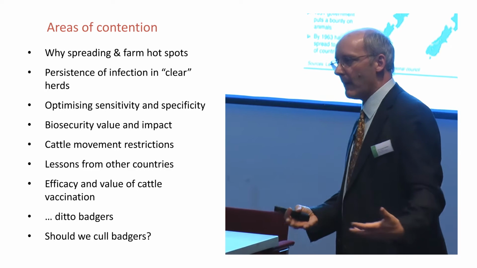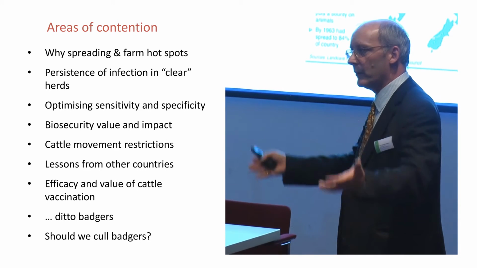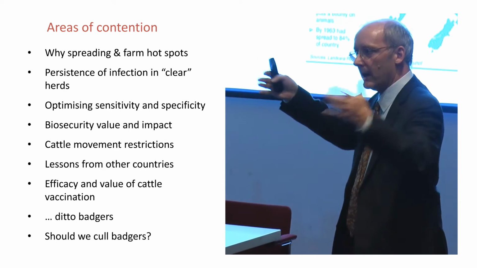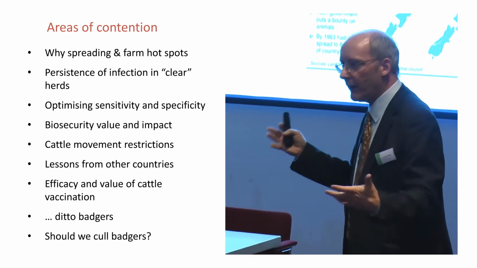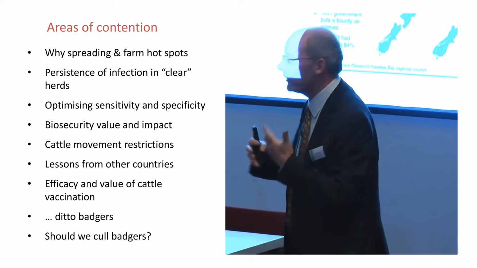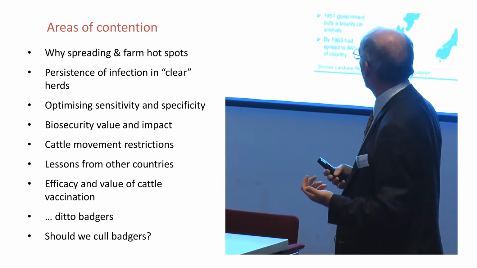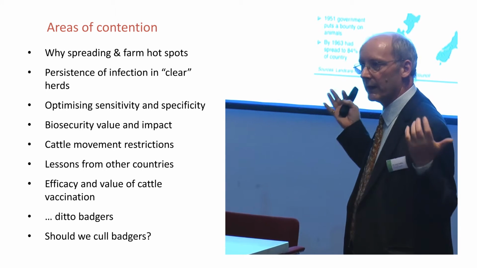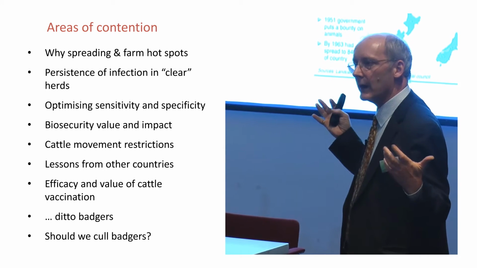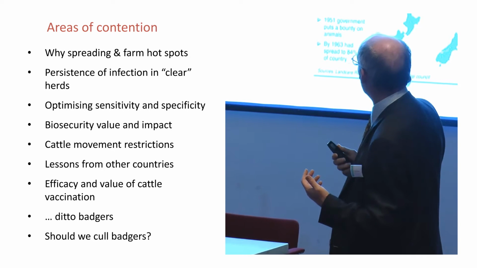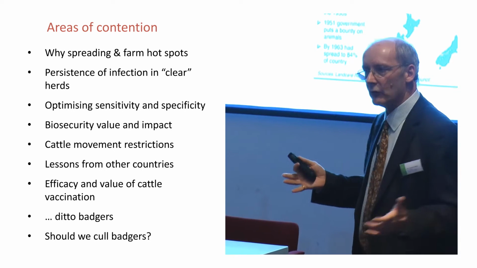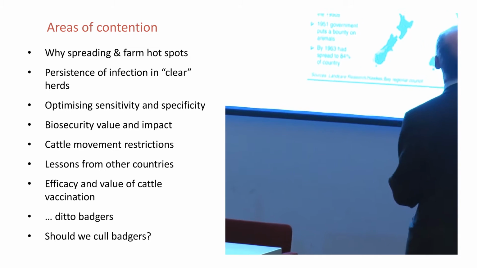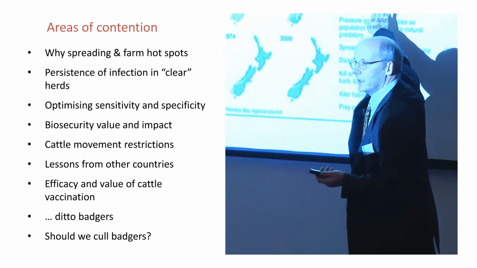We believe that biosecurity works, such as putting cattle troughs high enough that badgers can't feed from them, but we don't actually have any evidence for it, just because it's really hard evidence to get. Cattle movement restrictions affect farmers' livelihoods and income. And lessons from other countries: how much can we learn from, for example, possums in New Zealand?